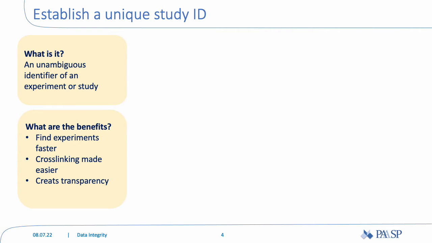The benefits certainly outweigh the hassle of implementing it, because you can find experiments much faster, you can cross-link them between different files or documents, and it ultimately creates transparency in the documentation system, something that is highly desirable. How do we implement such identifiers? For example, unique IDs can be defined by consecutive numbers, or, if in place, an automated system that creates identifiers automatically.